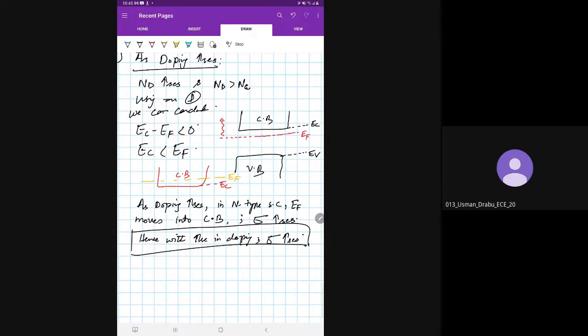Now see, upward shift of Fermi energy level is denoted by a positive sign. So when Fermi energy is shifted into the conduction band, we say that we have obtained a highly doped n-type semiconductor, or highly degenerate n-type semiconductor.